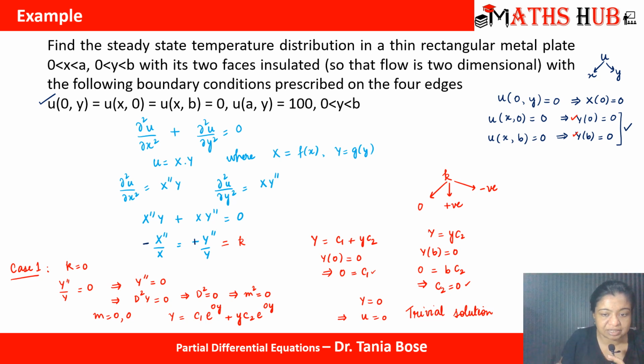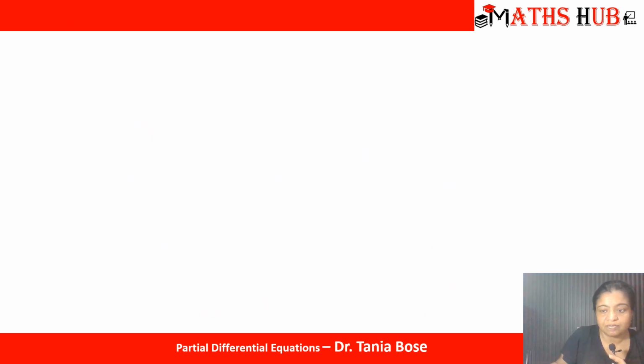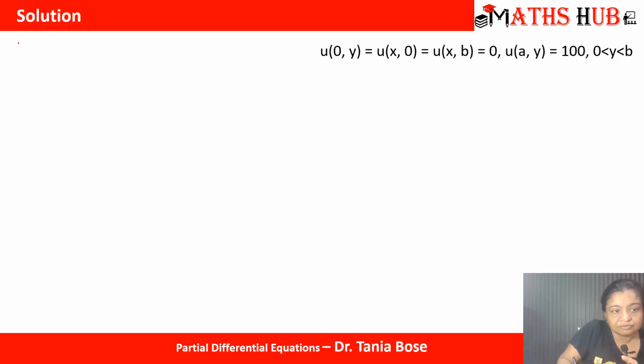We are interested in a non-trivial solution. So we reject this case, k equal to 0, and we move on to the next case, that is k is positive, right? Now when k is positive, we again pick up this equation, y double dash upon y is equal to positive, so now we take k as p square, right? So whatever is p square is always going to be positive.